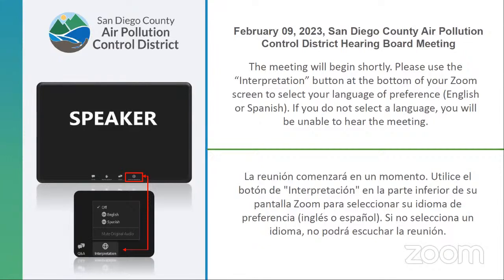If you are connecting from your telephone, your iPad, or a similar device, look for the menu with the little 3 dots at the top right of your screen, and also click on language interpretation and then English. This will permit you to be able to hear the entire hearing in English. Thank you so much. I believe the channels will be activated now in a moment.